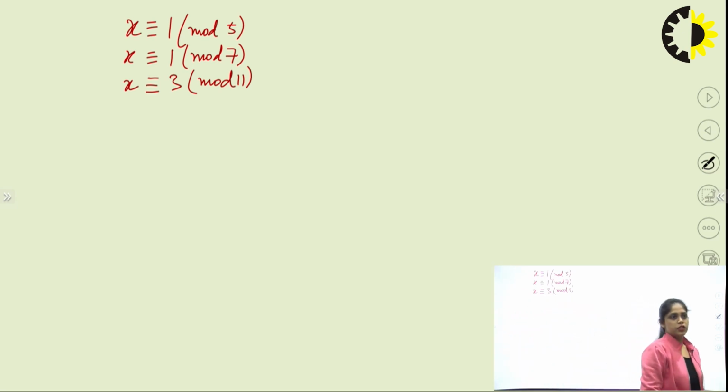This is the actual question which we are going to solve. Before that, I want to explain certain steps which we will follow when we perform this CRT on these given equations.